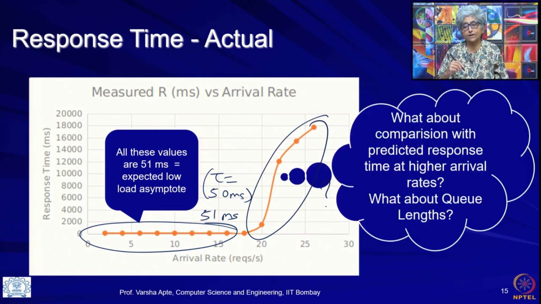So, what about comparing the predicted response time at the higher arrival rates? So far, in theory, we have learnt N equals lambda R, the relationships, but we have not learnt how to calculate either R or N on their own. So we do not know this yet.